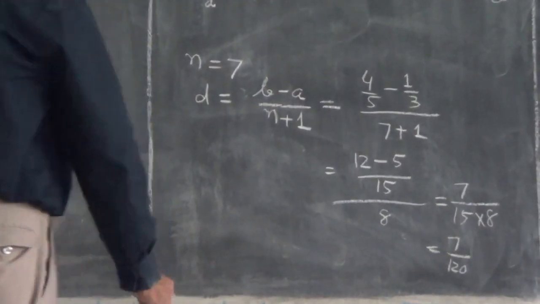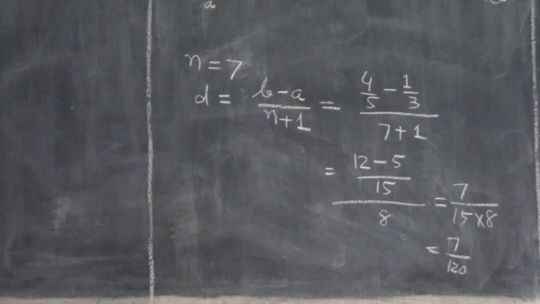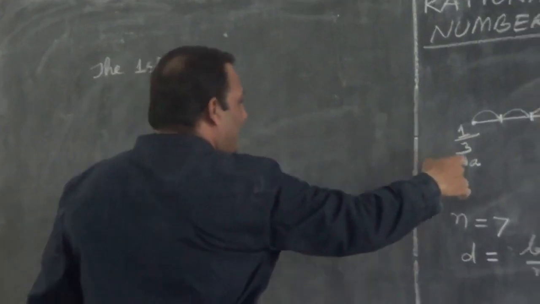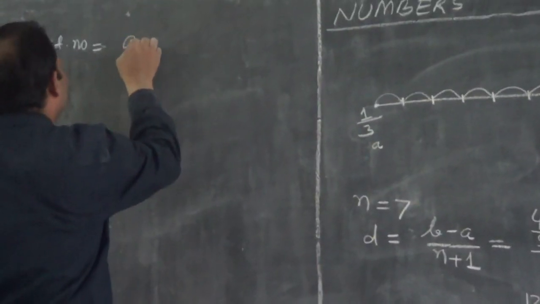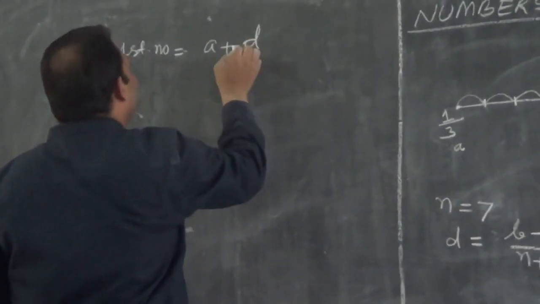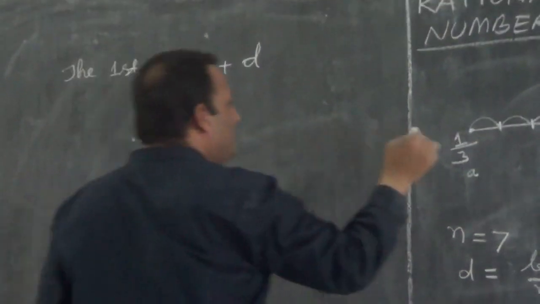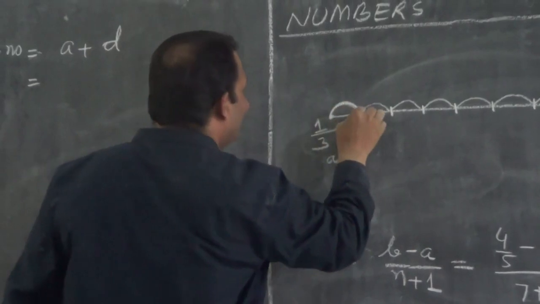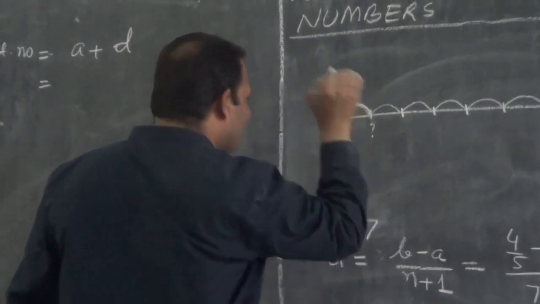Now I can write here the first number. The first number equals A plus d, because adding d will give this number.